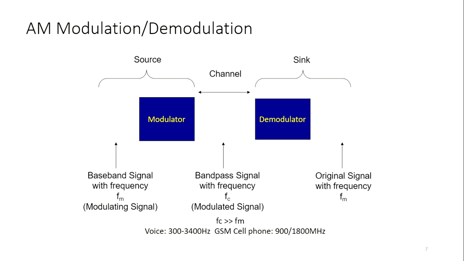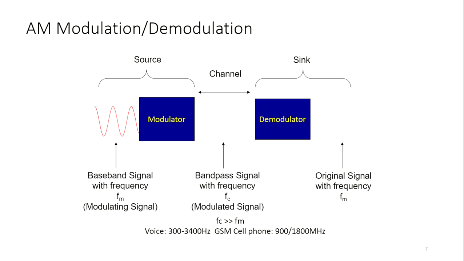Next, how the AM modulation and demodulation process works. First, the baseband signal is the modulating signal, which is a sinusoidal signal. Then it passes through the modulator section. The modulator is a multiplier, which combines the carrier signal and the message signal.